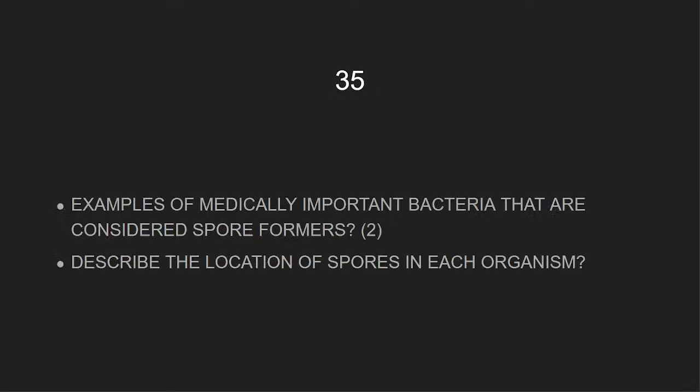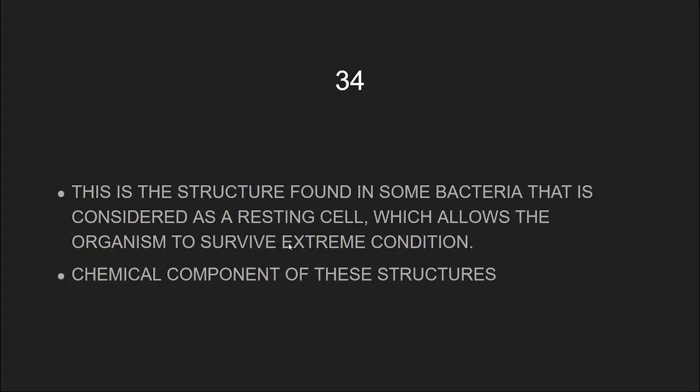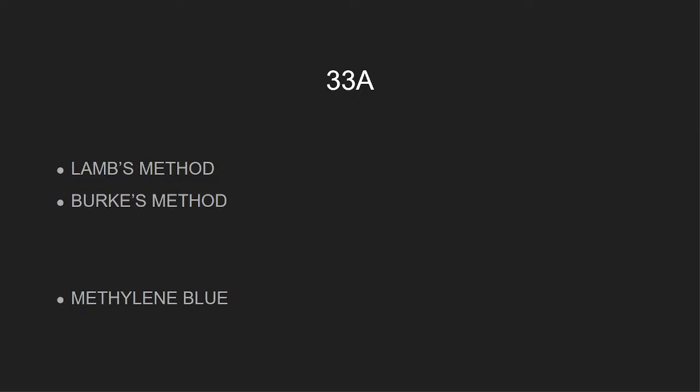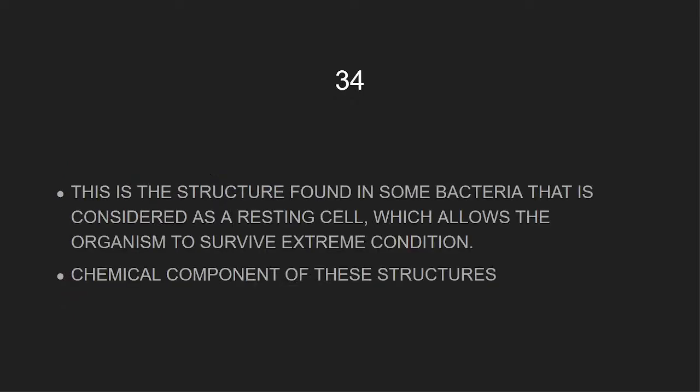Alright, let's continue the class. Okay, so we're talking about the important structure that is found in medically important bacteria that constitute spore formers. No, that's not the one that we were talking about earlier. This one.